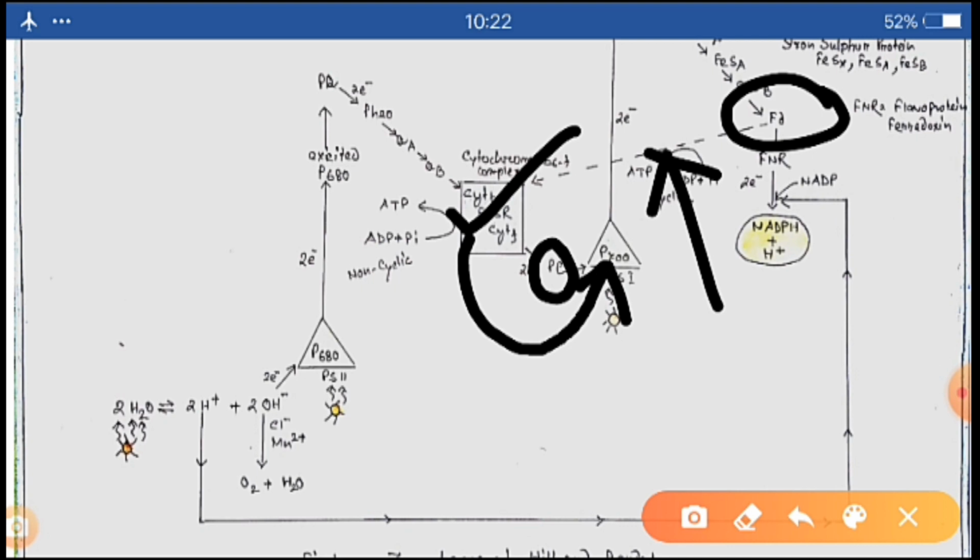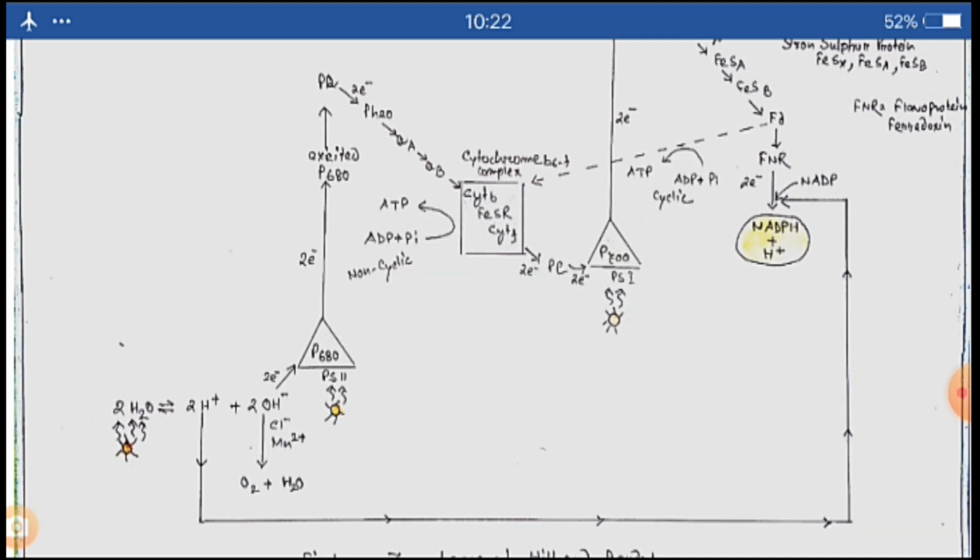Clear? Okay. And during the transfer of electrons inside the cytochrome complex, again another molecule of ATP is synthesized. That is, in case the light is such that only P700 is activated, then the process is cyclic and two molecules of ATP are synthesized.